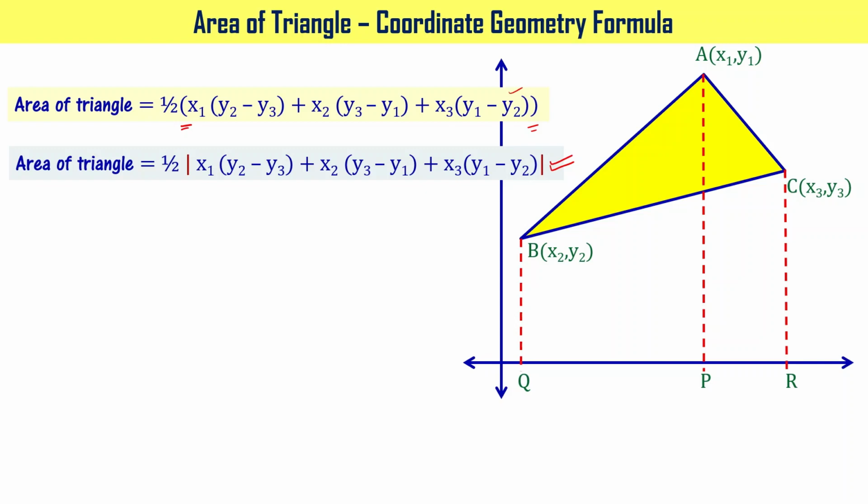Based on the choice you make for the values of various coordinates in the given problem, you may end up with a negative number as the answer for the area of the triangle. You don't want that. For that reason, we put the modulus operator, so that it drops the sign and automatically gives the same number, the magnitude, irrespective of whether your answer is plus or minus. Right? I hope you understood the concept.